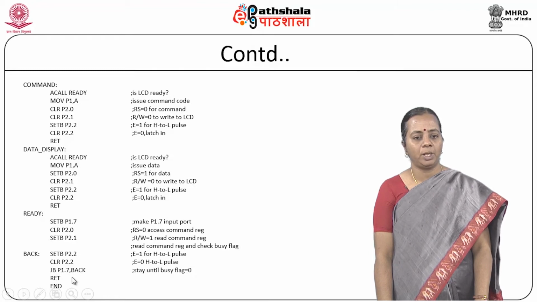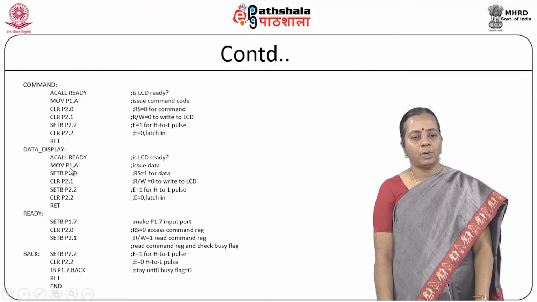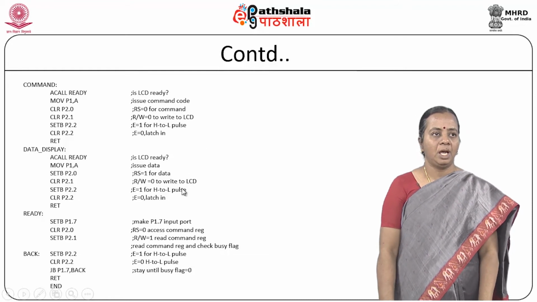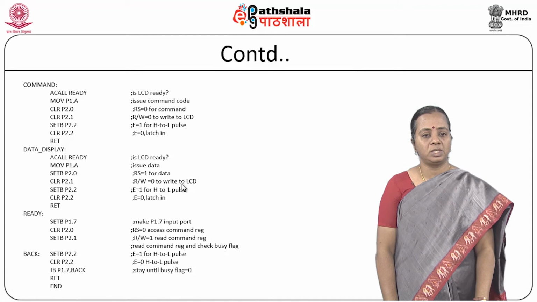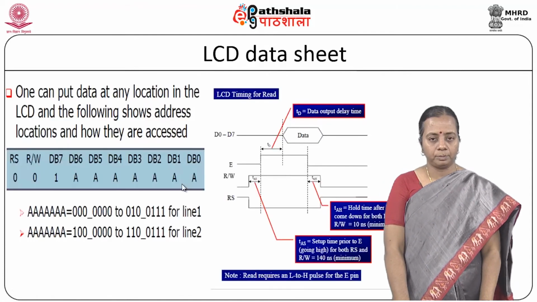If it is 1, I will be rotating over here. When it is 0, it comes to return, so that I am just reading the data from A and writing it to my LCD. So this is the procedure, a slight modification of the previous procedure, in which I check whether the LCD is ready to receive or not. Based on that, I will be sending data from my 8051.